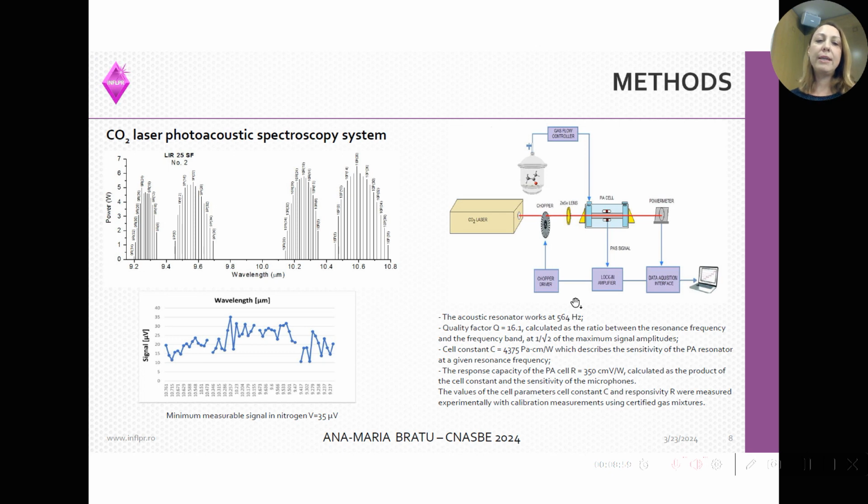Before we start to identify our samples, we measure the background signal of the system in pure nitrogen, and the background signal is about 35 microvolts.